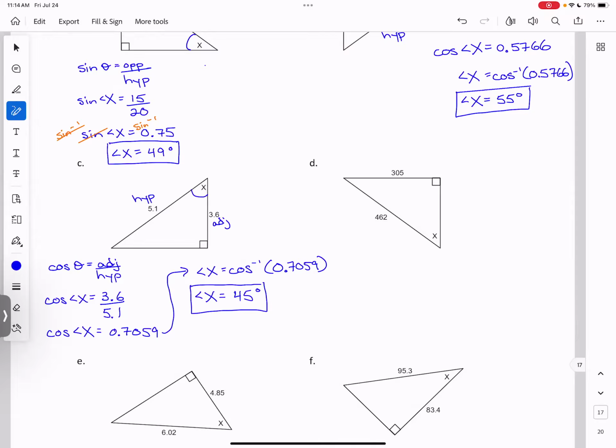Okay, next one. So relative to angle x, we've got an opposite and a hypotenuse. So we're going to want to use the sine ratio. So sine of any angle theta is opposite over hypotenuse. So sine of our angle x is 305 over 462. Let's convert that to a decimal.